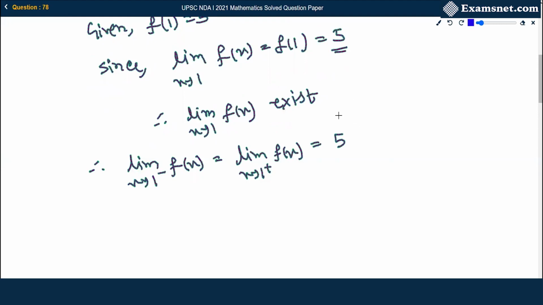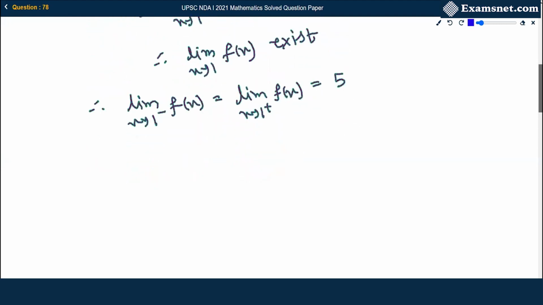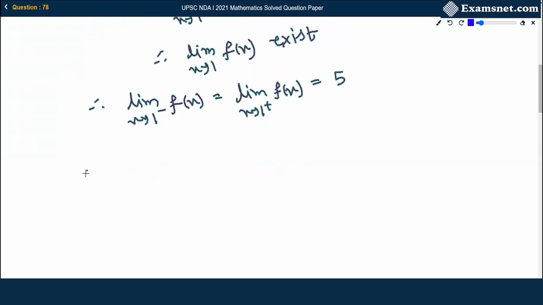Okay, now limit x tends to 1 minus, since x is less than 1, we are talking about the left hand limit of f of x.